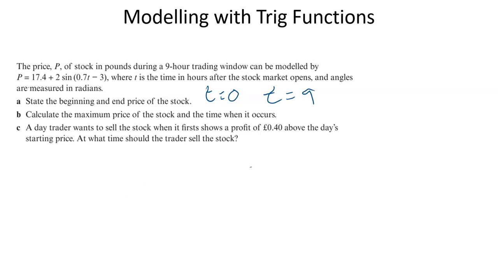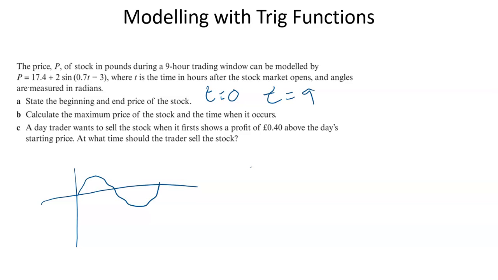Calculate the maximum price of the stock and the time when it occurs. Well, we only need to find one of these things, and then we can find the other. And it's much easier to find the price from the time than it is to rearrange and get the time from the price. So let's see if we can get the time. Now, this is a sine function, so we know what they look like. I appreciate it's been moved around and mucked about, but it looks something like this.